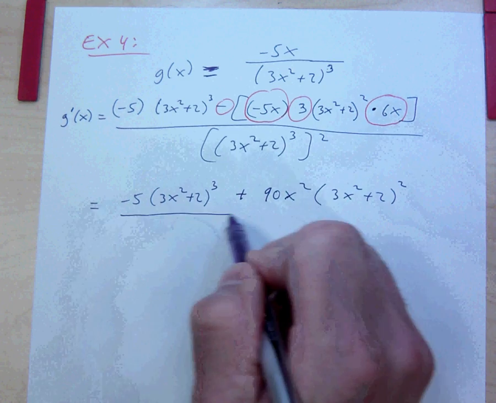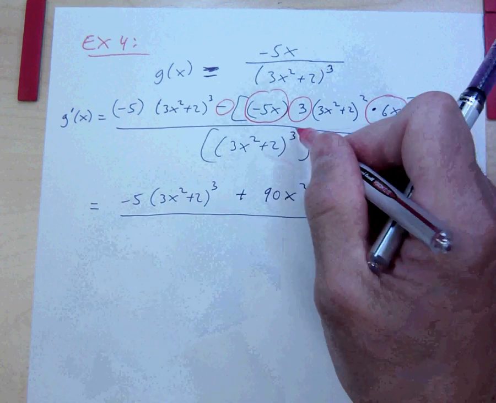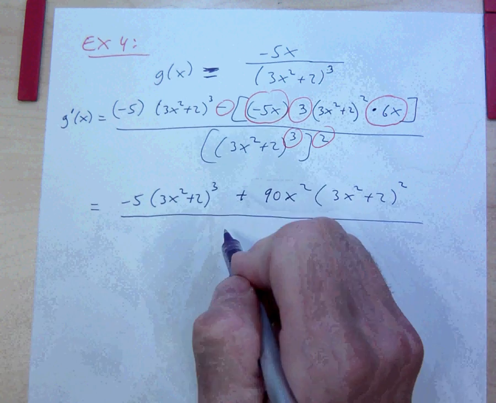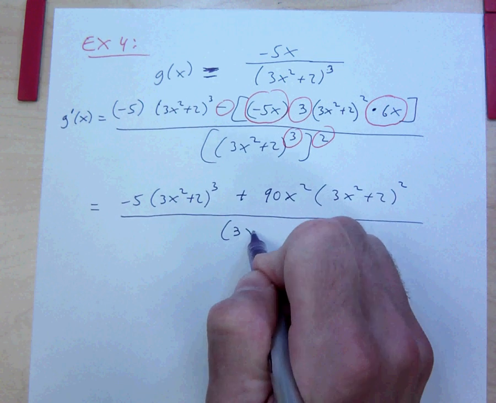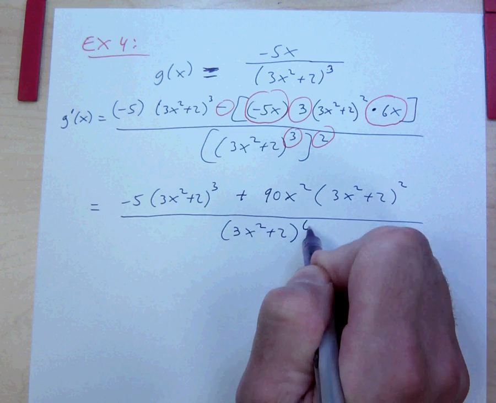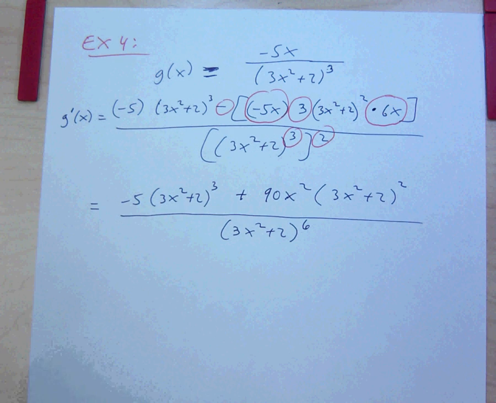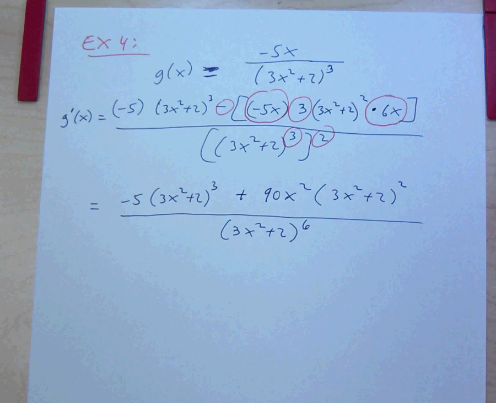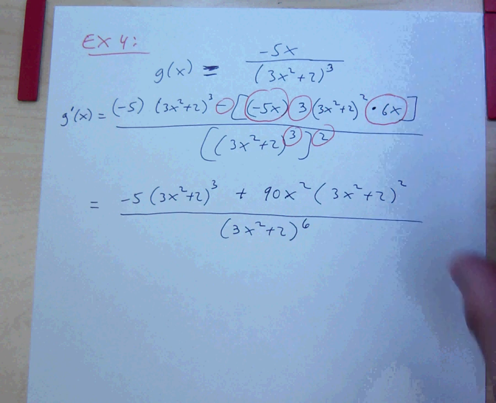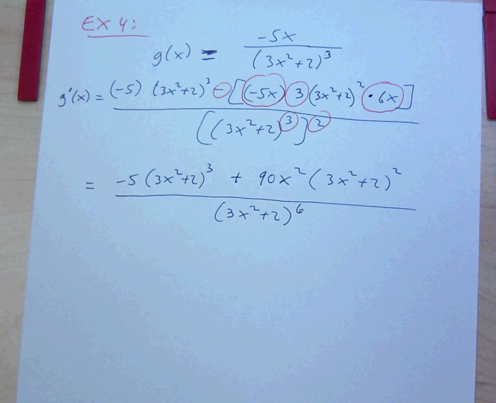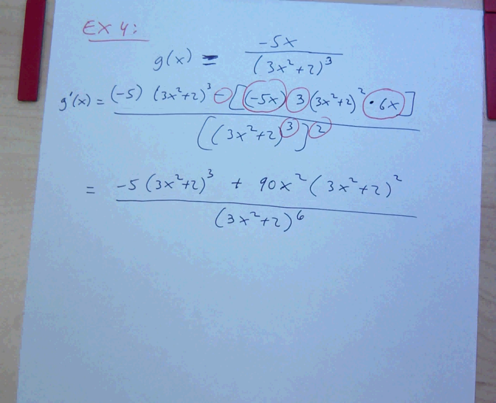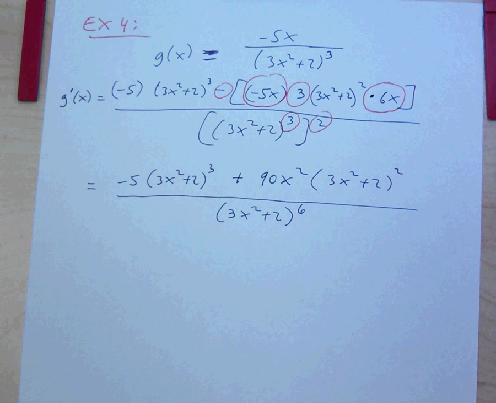And then all over, when you have a power to a power, you multiply those powers. Okay, now at this point, there could be some more simplifying you can do. Okay, but I'll wait for you to catch up.